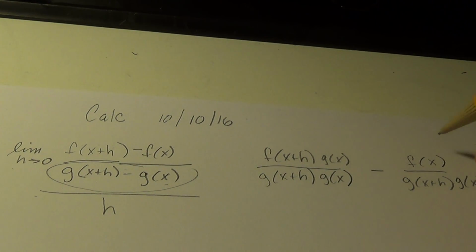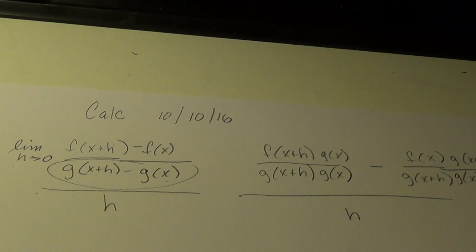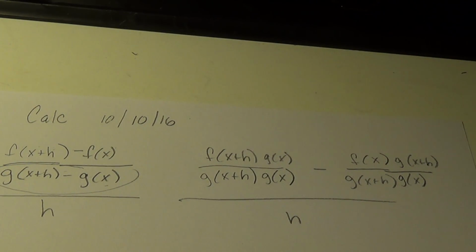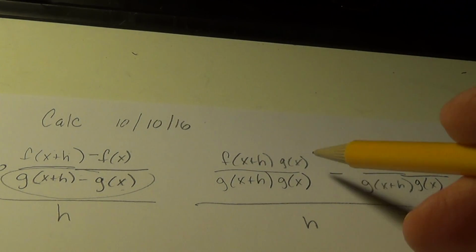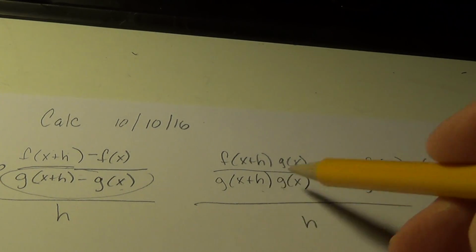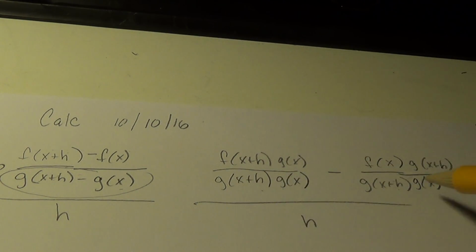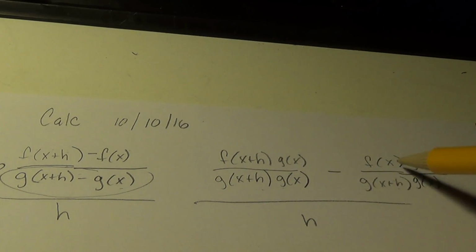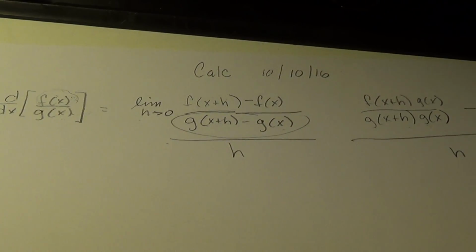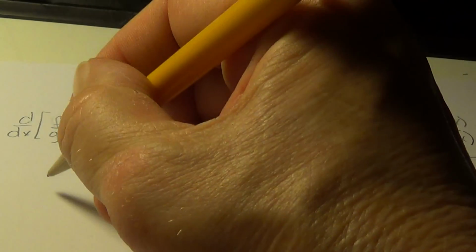So g of x plus h will be up here. So just situating the numerator, giving the fractions in the numerator a like denominator. So let me simplify that. These two over the like denominator. So I'm going to get, still, the word limit shouldn't drop out.